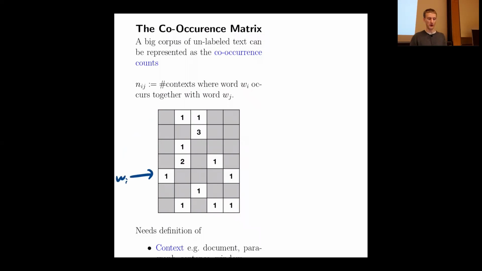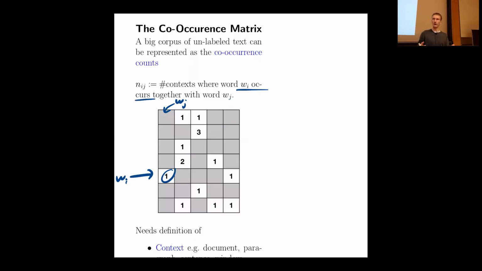Here is the row for word I, and what is written here, 1, means that with this word J, which would represent the column, those two words appear together in the text maybe once or twice. So these are the counts. How many times did the word I co-occur, so occur together, with word J?